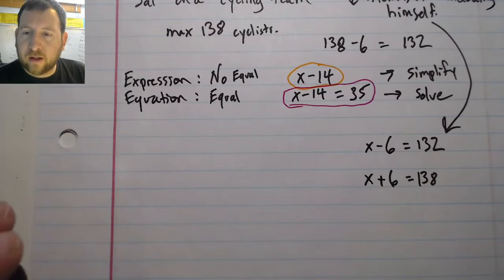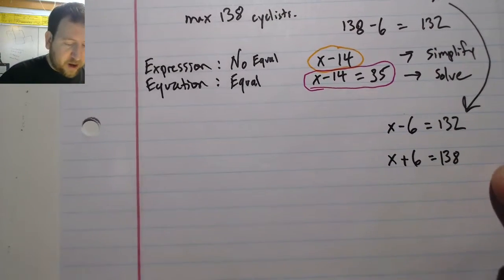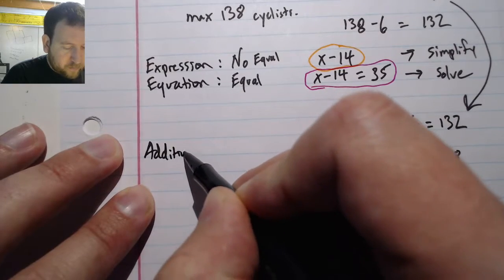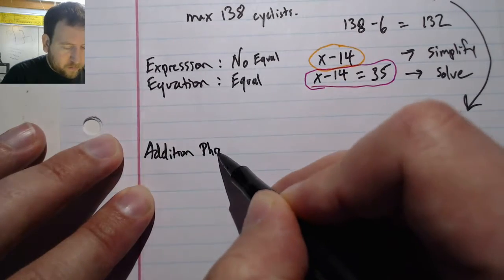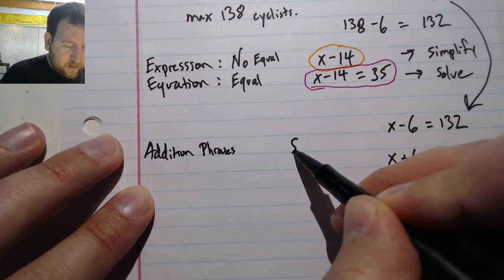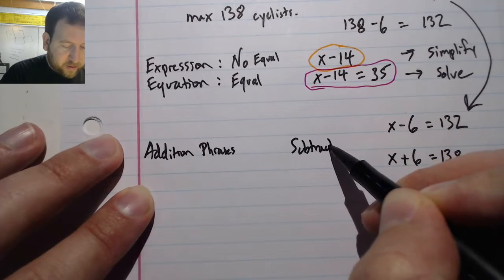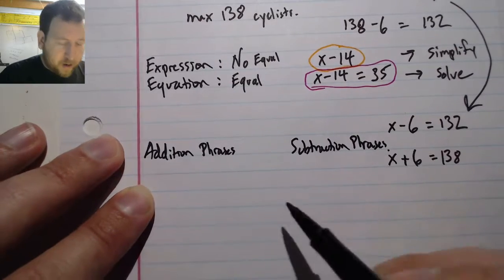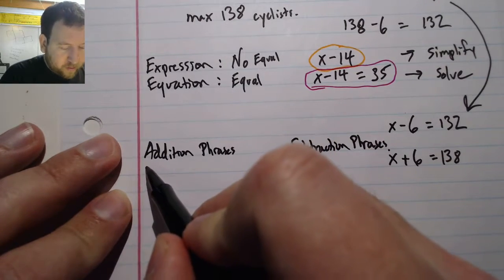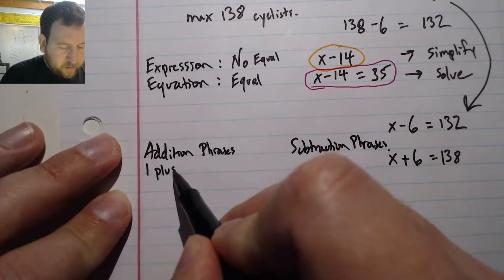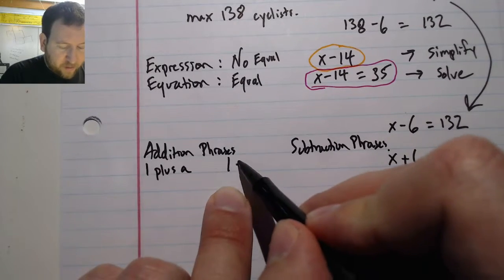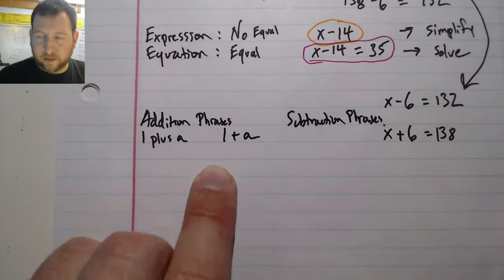Let's make a quick little chart and look at some words that we can often see. Some addition phrases and subtraction phrases. All right, we can see the words 1 plus a, and we can rewrite that easily as 1 plus a. That's pretty simple.